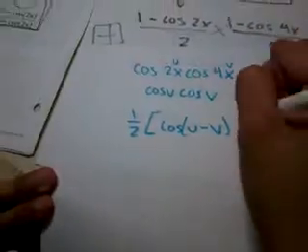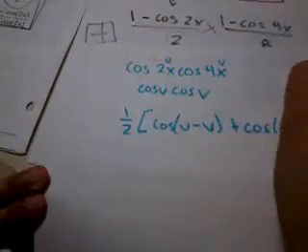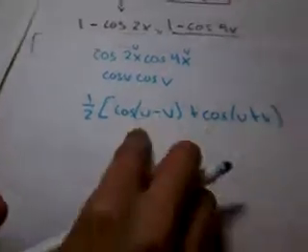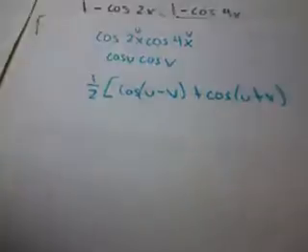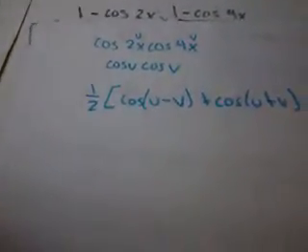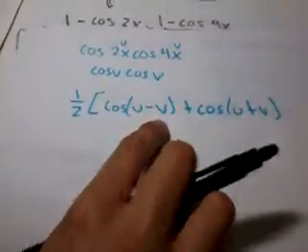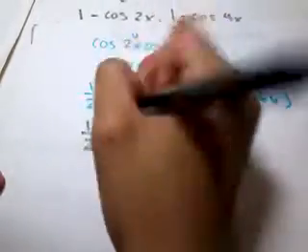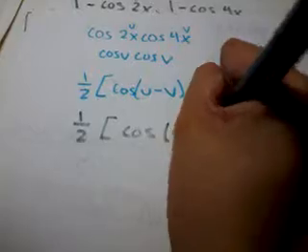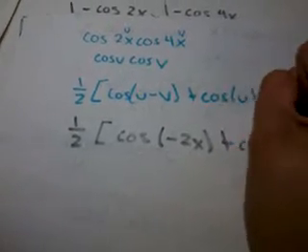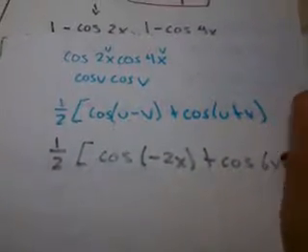We're just going to write it down. The formula is 1 over 2 times cosine of u minus v plus cosine of u plus v. We're going to substitute u for 2x and v for 4x. When actually working out the problem, we get 1/2 times cosine of negative 2x plus cosine of 6x.